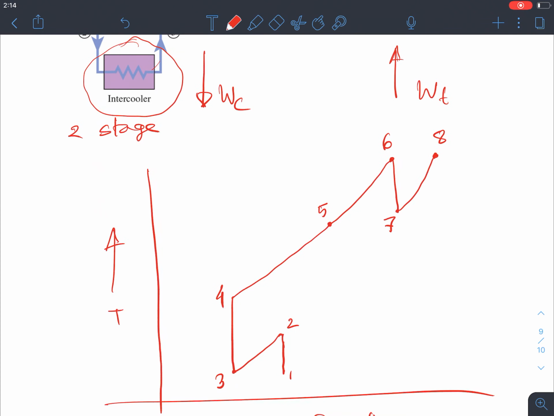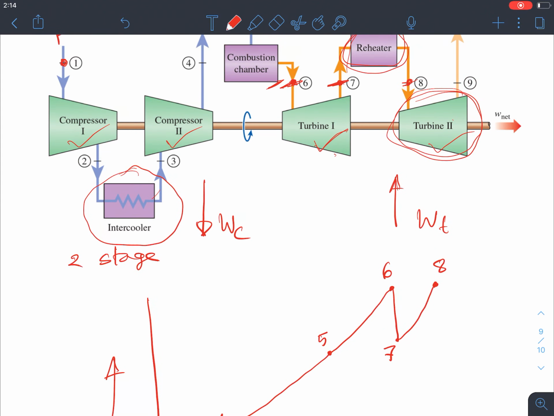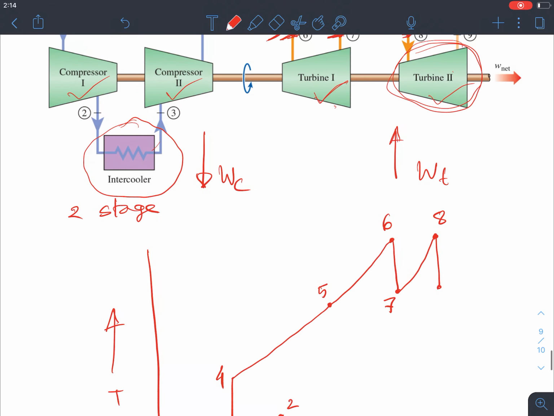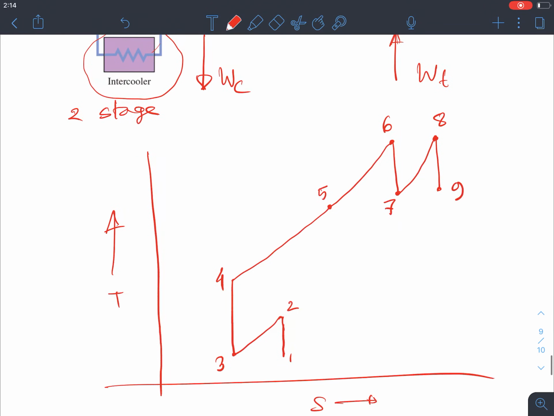So for this cycle, we try to maintain the temperature of 6 and 7 the same, right? And then from 8 to 9, what is happening? Again, it's expanding and reducing the temperature, which is 9, right?